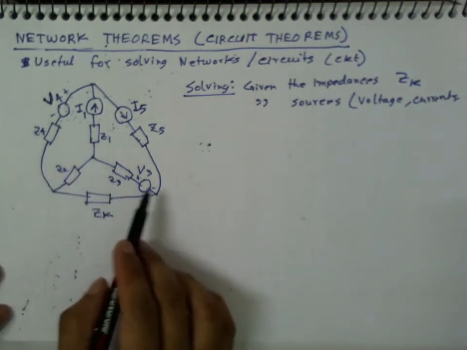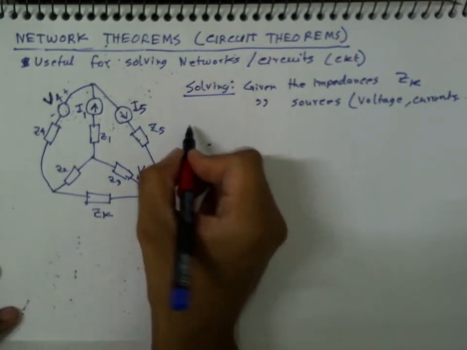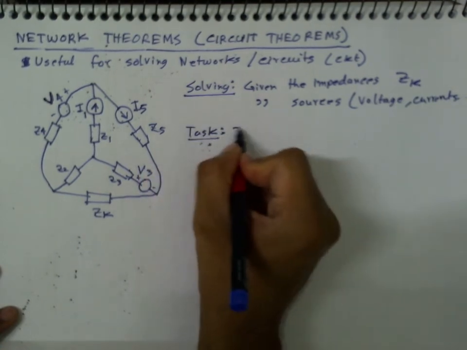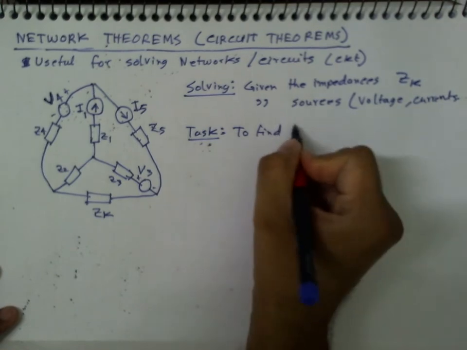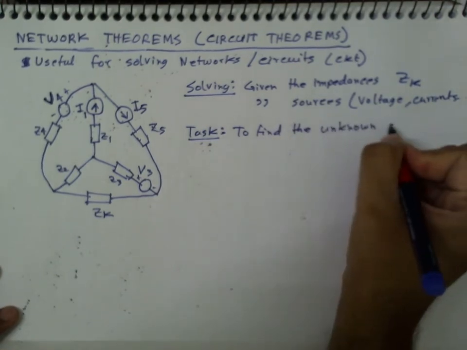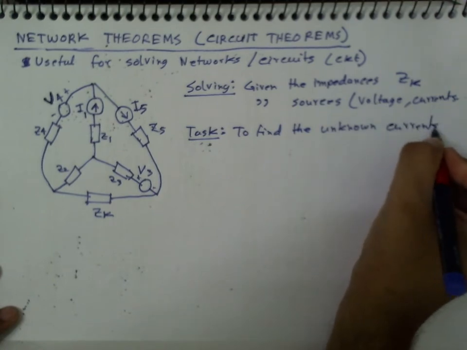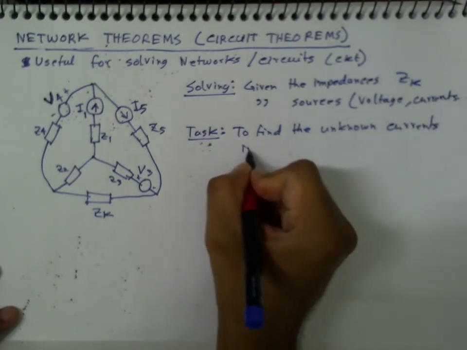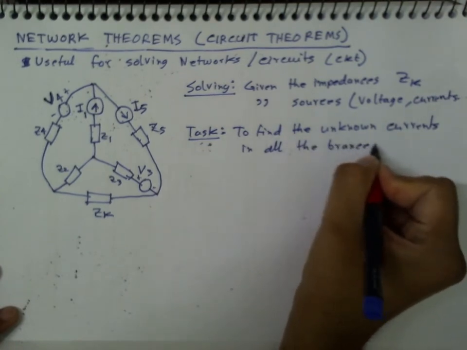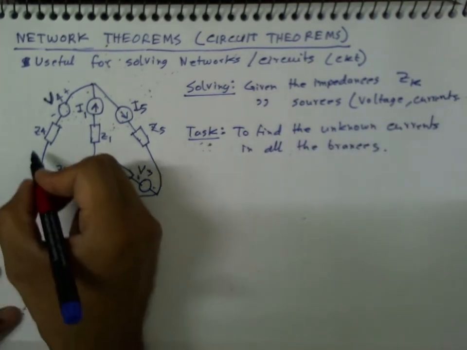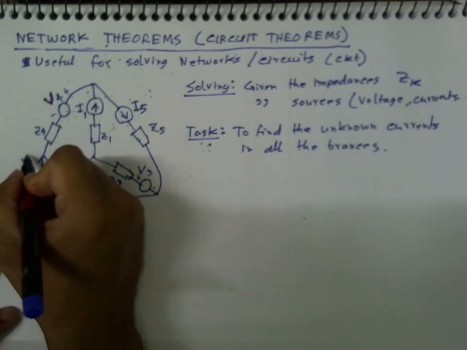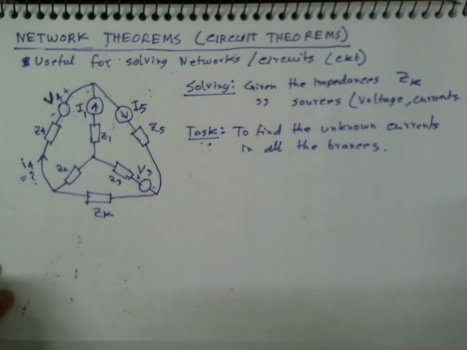So everything is given. Now the task is to find the unknown currents in all the branches. Like, what is this current, small I4? This is equal to what?